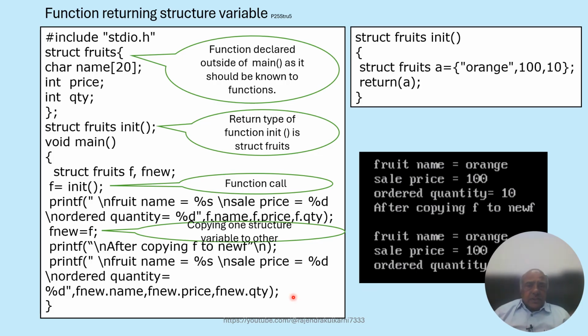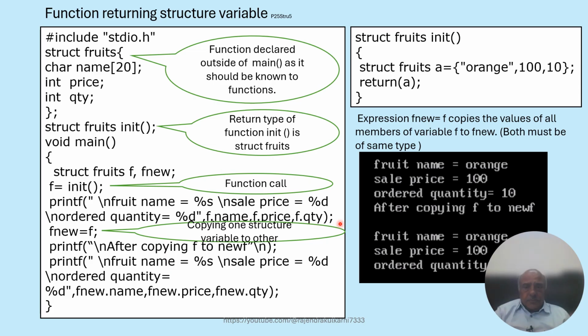So what in effect assignment is doing is simply assigning or copying the values of individual elements of a structure variable to another structure variable of the same type. The most important part is that the assignment can be done by the assignment operator equal to only when both the variables are of the same type.